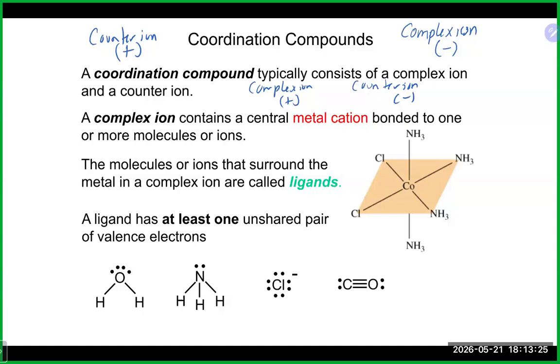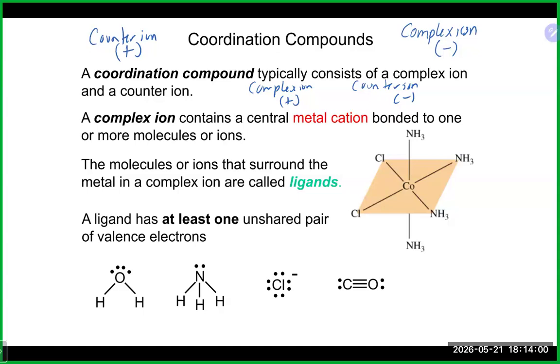Just like an ionic compound, we typically go with the positive one first, be that either the counter ion or the complex ion, and then the negative one second. Typically, the coordination compound balances out to no charge. That is the purpose of the counter ion: to balance out the charge on the complex ion.